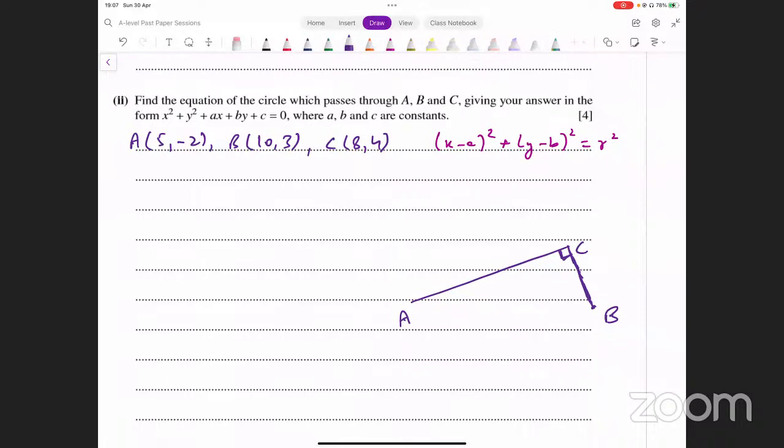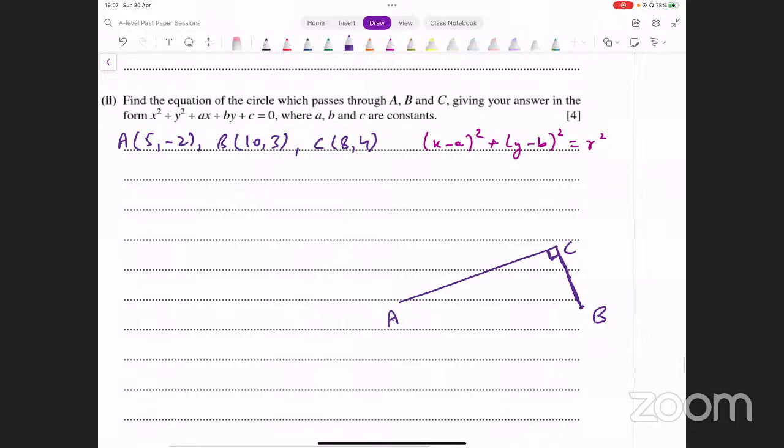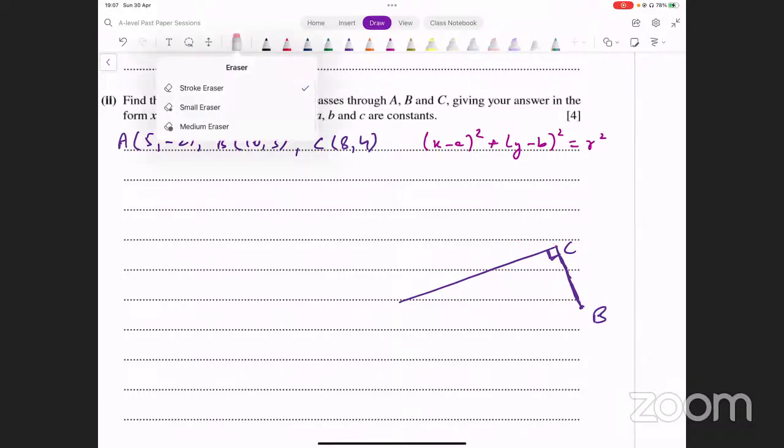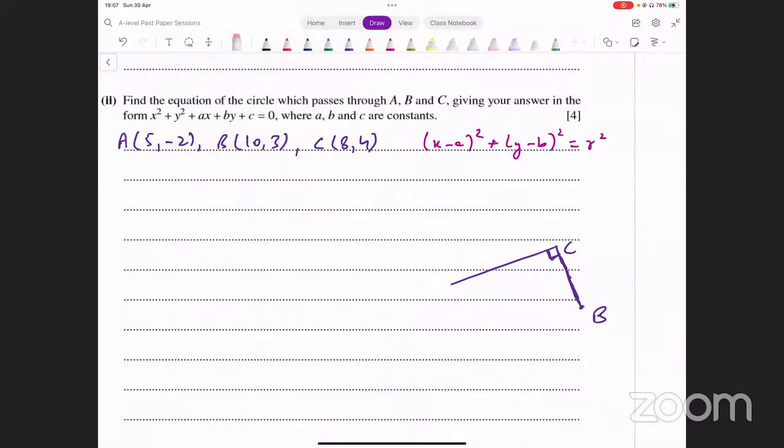Now we know that the circle passes through A, B and C। कोई सर्कल है जो A, B और C तीनों से पास करता है, ठीक है, तो इस तरह का सर्कल हो सकता है। Maybe use a different color for that. So roughly it might look like this. This diagram is of course not very accurate, so it might be a bit misleading. थोड़ा सा छोटा कर लेते हैं, it'd be easier to draw.